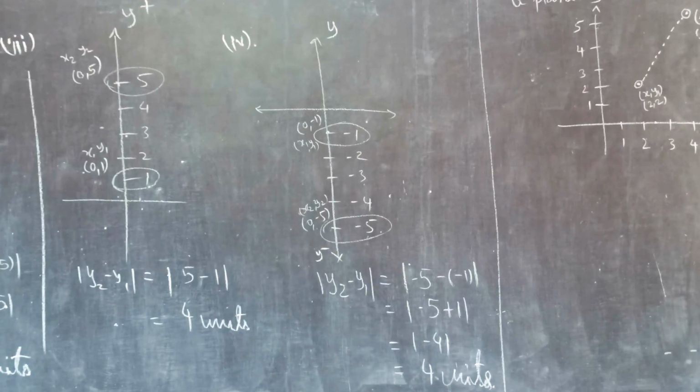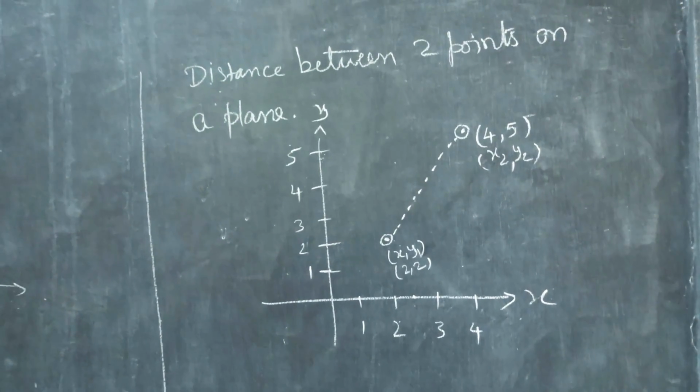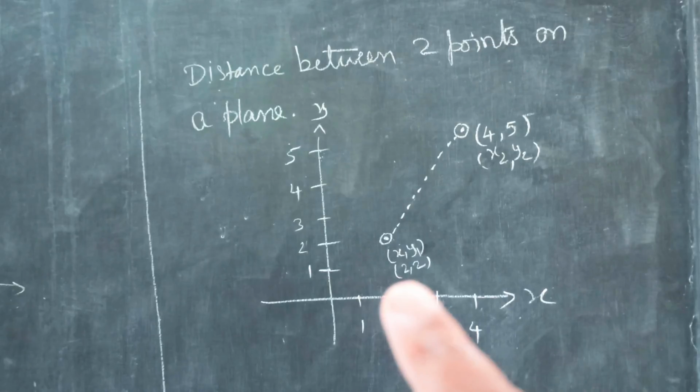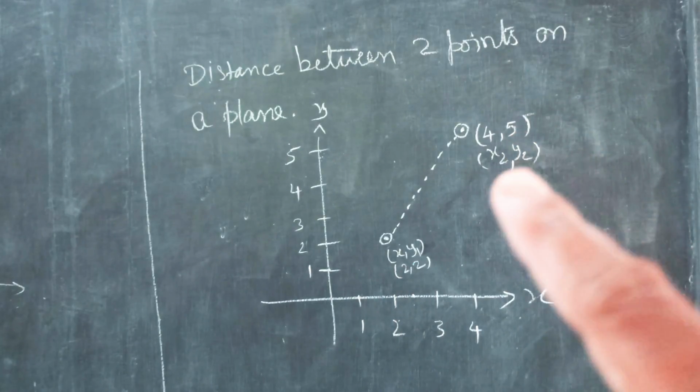But regardless of all this, if the points lie on the plane, that is, somewhere around the center of the axis, together it is called the Cartesian plane. So as you can see, this is distance between 2 points on the plane. You can see both the points are on the plane, x1, y1, x2, y2.